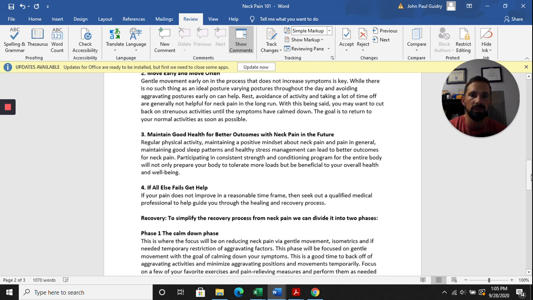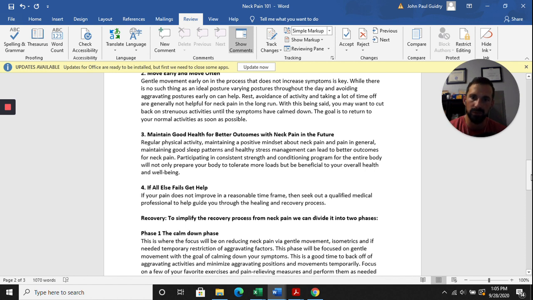So participating in a consistent strength and conditioning and exercise program for the entire body will not only prepare your body to tolerate more loads, so be less likely for you to get injured, but be beneficial to your overall health and well-being as well.